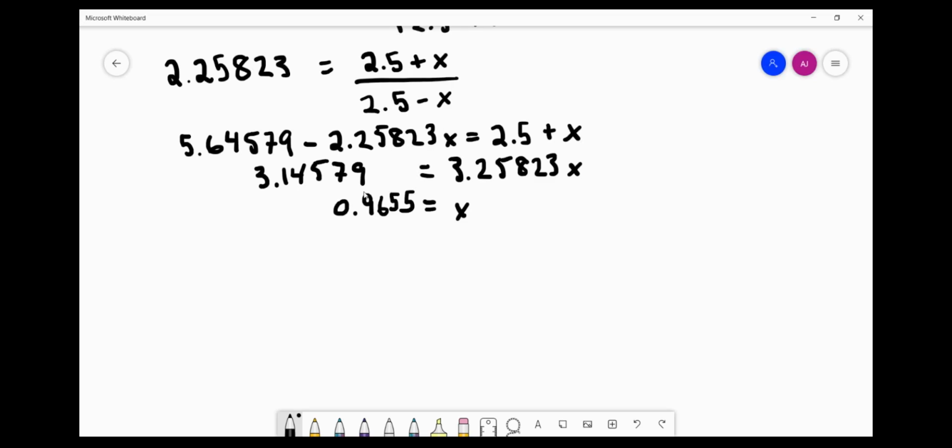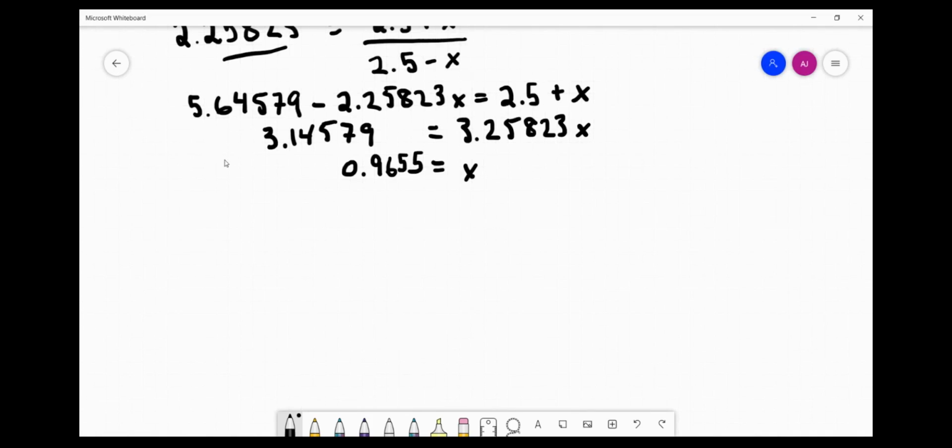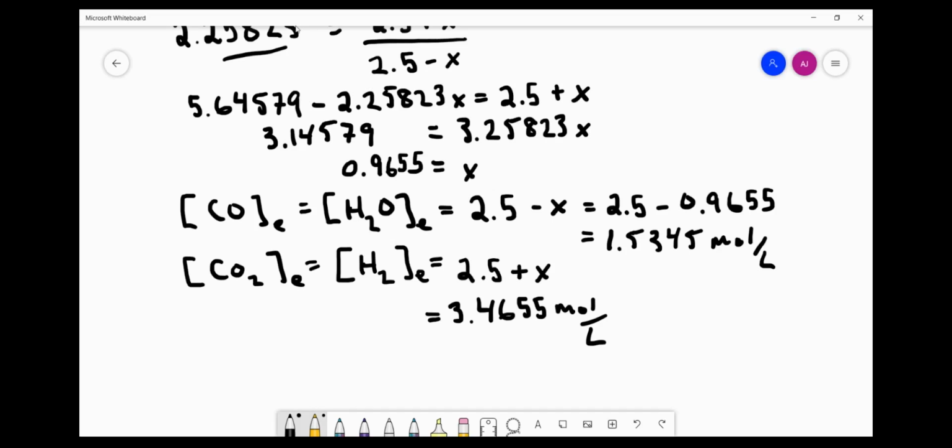So now I have a value for x, and x tells me how much the concentrations changed between the initial and equilibrium points. Let's now substitute the x value in for our equilibrium concentrations. Here are my equilibrium concentrations of all 4 chemical species.